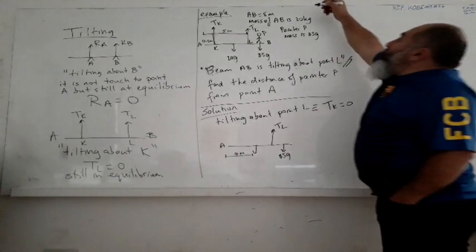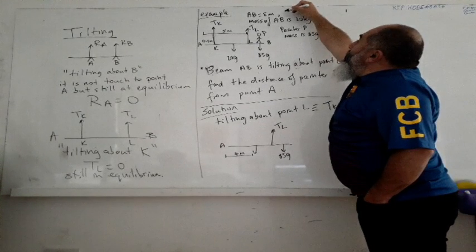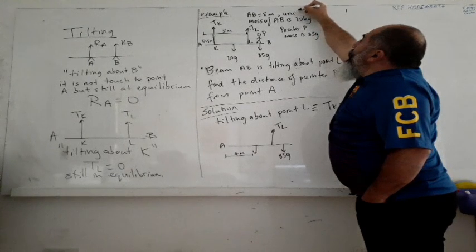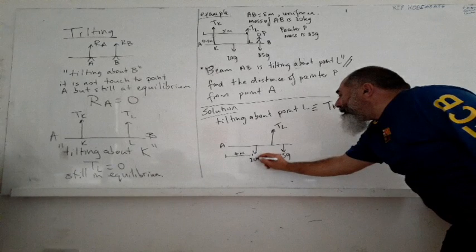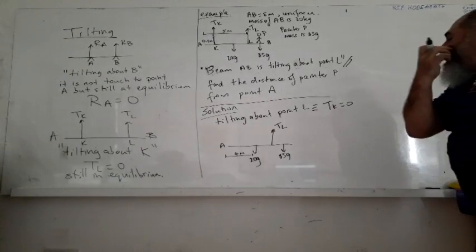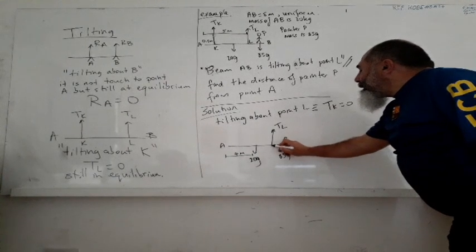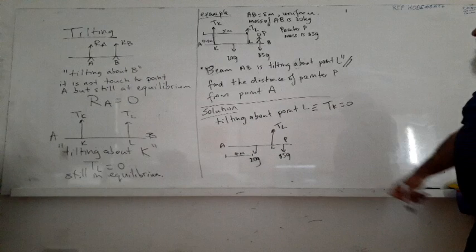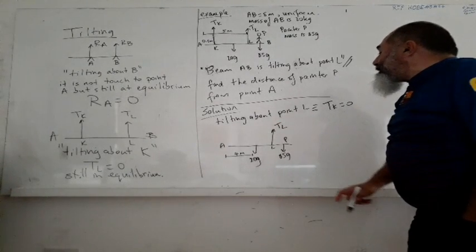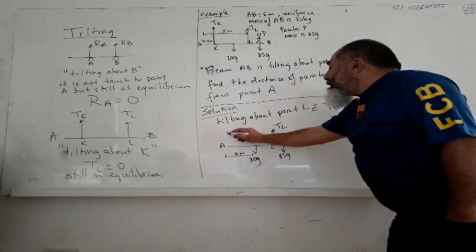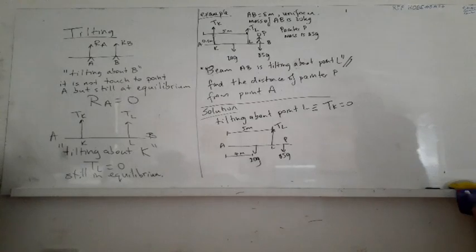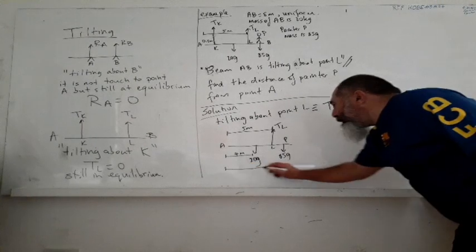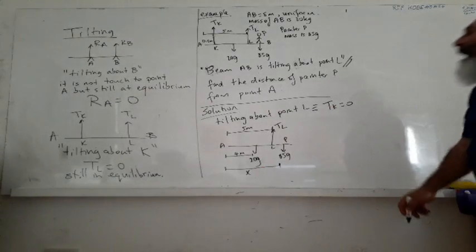AB is 8 and it is uniform, means its weight is at the midpoint. We don't know the distance of P from A, but we know the distance of TL from point A. The distance of point L from A is 5 meters. So we know all the distances. Our question is to find the distance x, which is the distance of P from A.